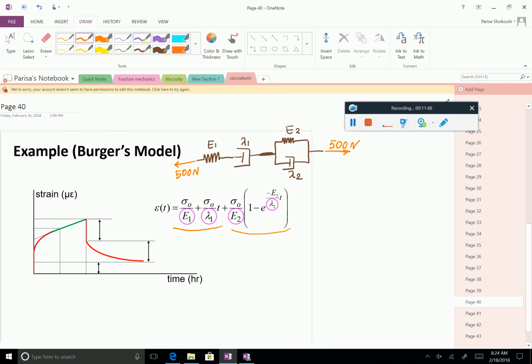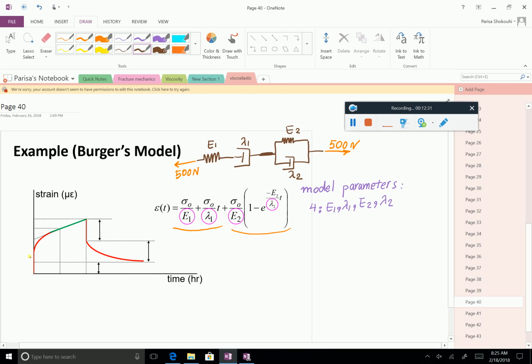If we want to think about model parameters, we have 4 model parameters. We have 4, and it is E1, lambda 1, E2, lambda 2. Great. So if we draw the strain versus time curve, as you can see here, it's important to kind of think about the things we heard.